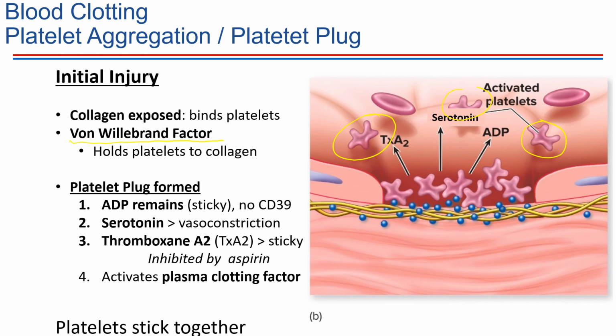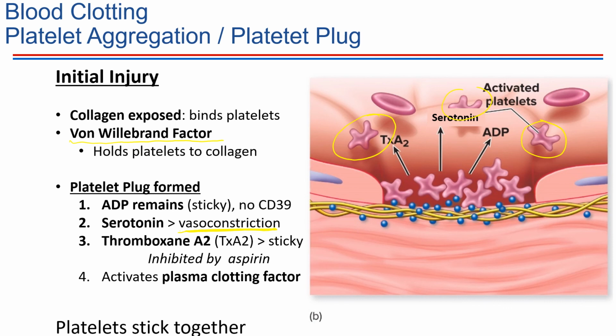The platelets are also going to release serotonin, and serotonin is going to cause vasoconstriction. So in this local area where we've got all these platelets aggregating, the vessels are going to clamp down and stop, or at least try and reduce the bleeding. And then they're also going to release thromboxane A2. And that thromboxane A2 is also very sticky, and that's going to cause these platelets to clump together as well.